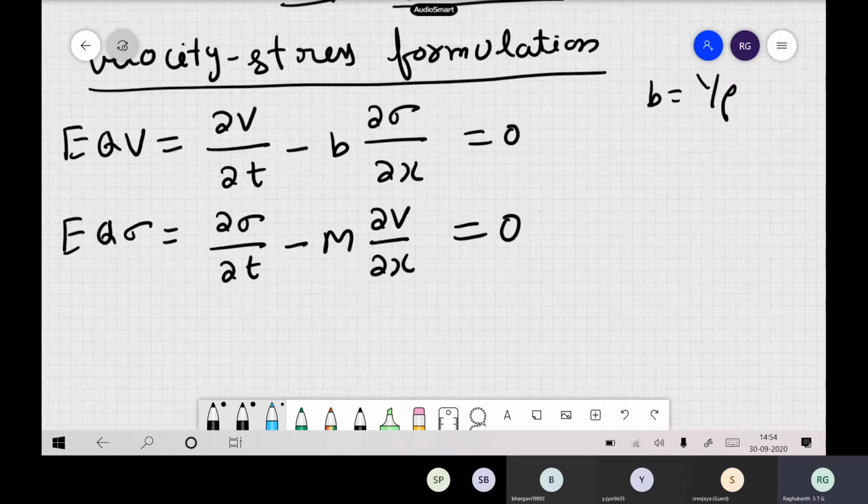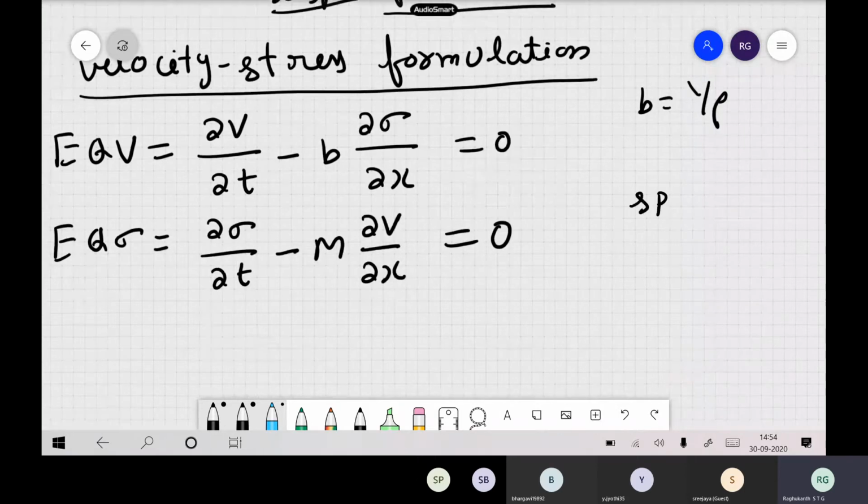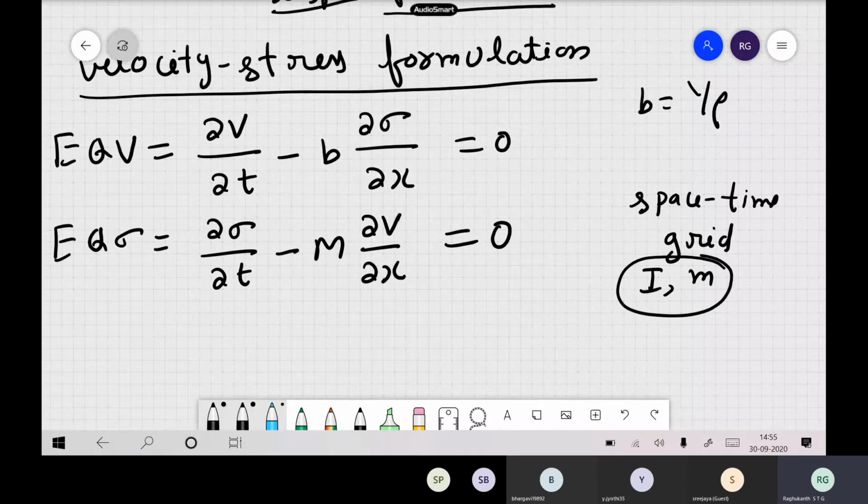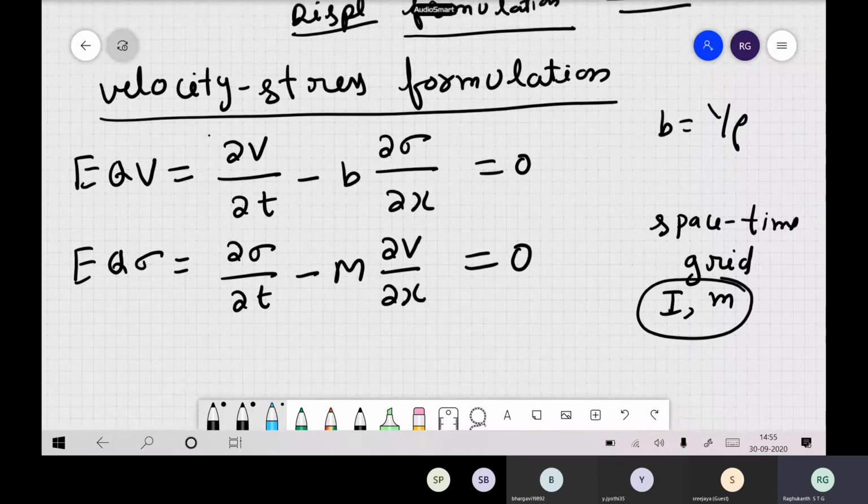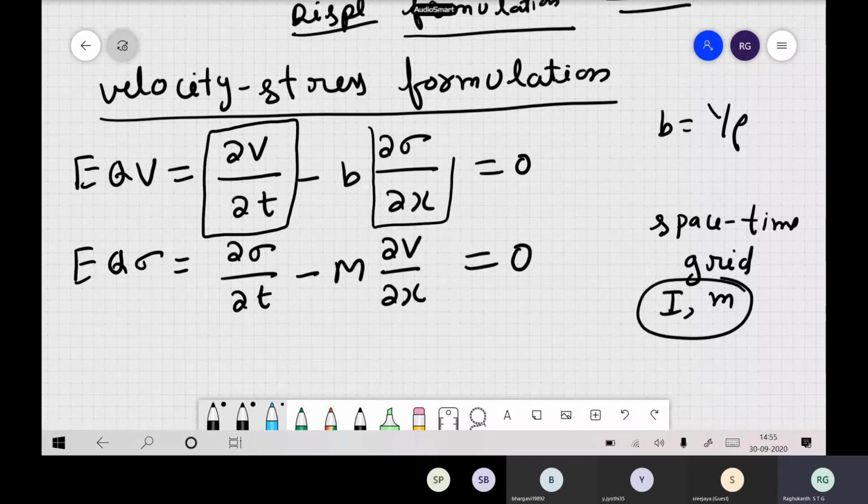Now here, what is the problem? At each space-time grid, what is that you have to match here? Now the first equation: suppose at I and m, so this is a grid point. This is the first temporal derivative of velocity, and this quantity is a spatial derivative of stress.